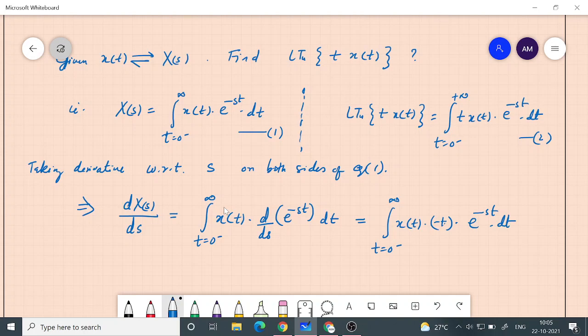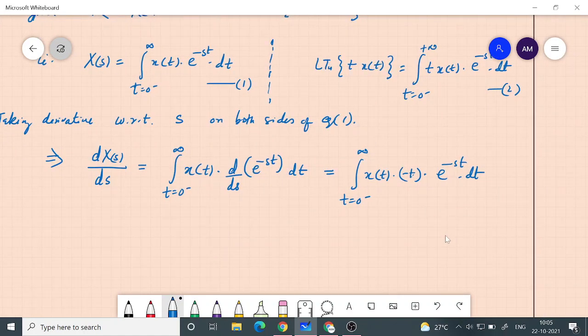Now you see that it is almost looking like equation 2, except for the minus sign. So if you divide both sides by minus 1, what we get is the integral, t going from 0 minus to infinity, of t x of t and e raised to minus st, and that is equal to minus dX(s) by ds.